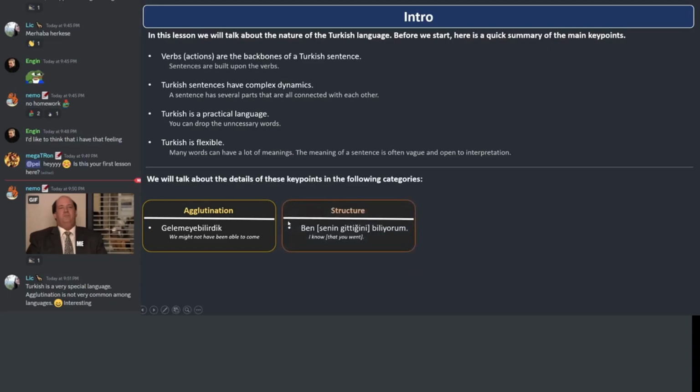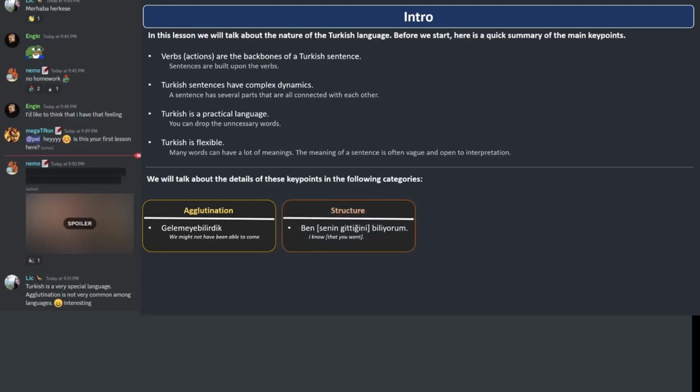And then sentence structure. Again, compared to English, sentence structure is also very different, because based on my observation, my readings and watching videos, the reason is that the very first Turkish people lived in a different area compared to English.